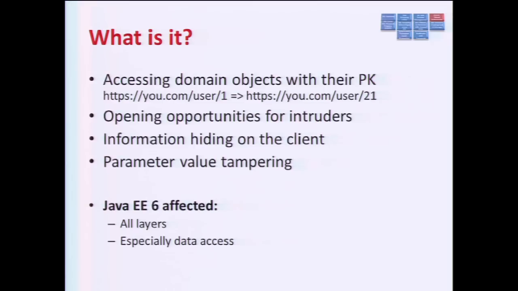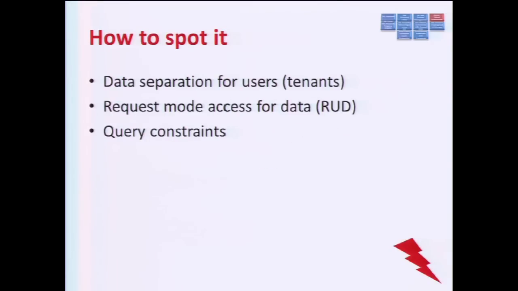You find that in all layers. How to spot that? Have a look at the data separation on your database. Do you actually have some kind of tenant separation? Some fancy where IDs, looking at customers or whatever? If not, you could probably run into trouble here.